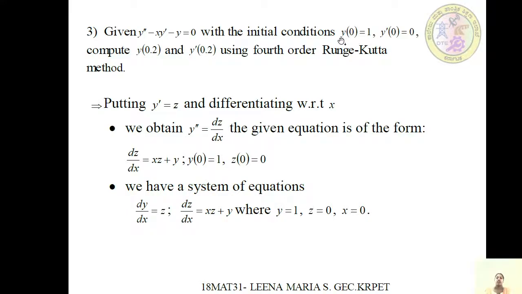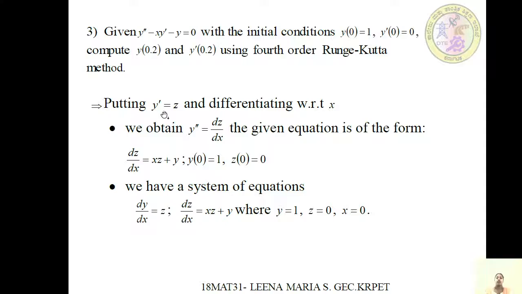Given conditions are y equals 1 and z equals 0 at x equals 0. The given equation is y double dash equal to x into y dash plus y. Now we are going to see this in the solution.